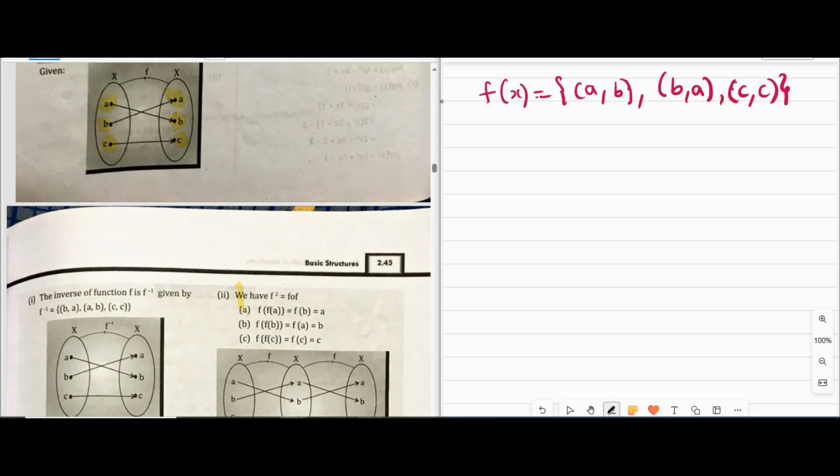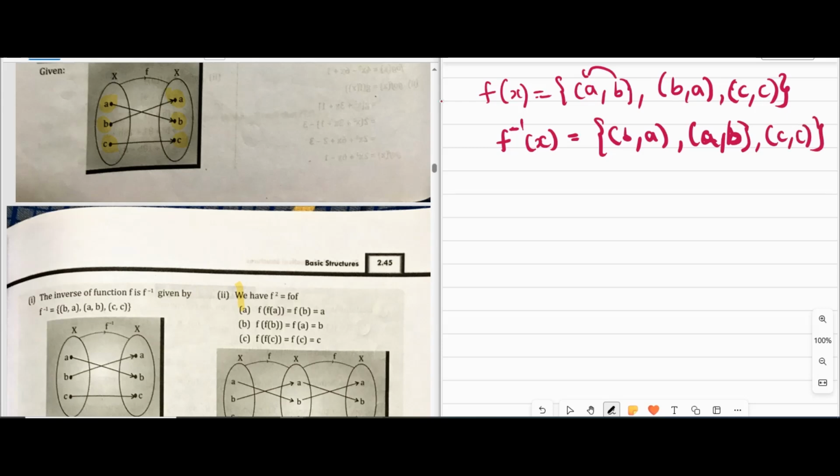Now we have to find f inverse of x. f inverse is nothing but you have to reverse: a comma b becomes b comma a, b comma a becomes a comma b, then c comma c.